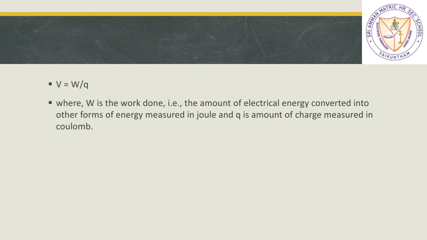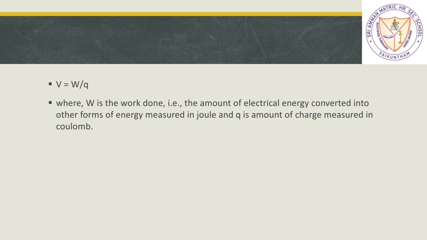Here you can clearly see there is a difference in the definition. When we define EMF, we define it as the amount of work done in moving 1 coulomb of charge in the complete circuit. Here it is the work done, or the amount of electrical energy converted into other forms of energy.